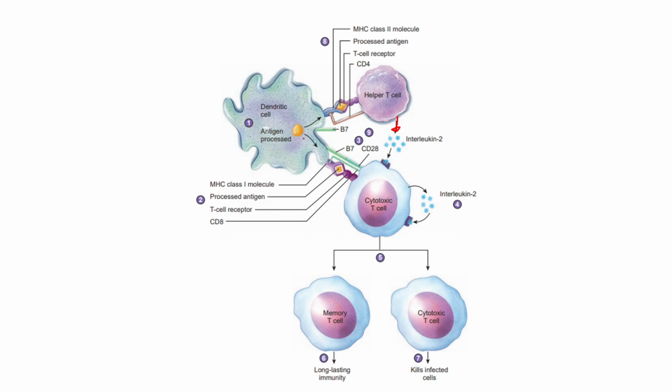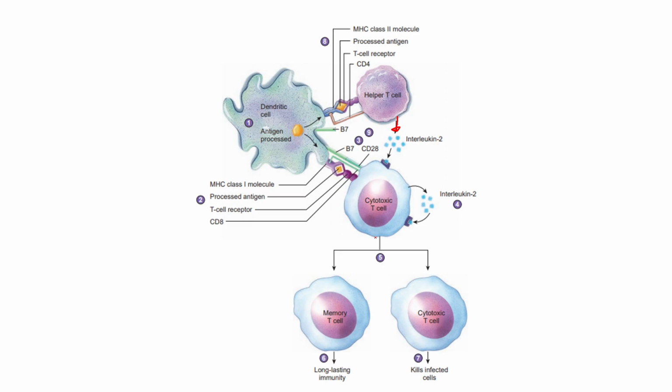So the APC will present the antigen bound to the MHC class 1 molecule antigen complex. It will bind to the T cell receptor found on the cytotoxic T cell. Then the T cell will become activated. If it is activated, it will produce interleukin 2, which binds to itself, and it will cause division of our cytotoxic T cell.